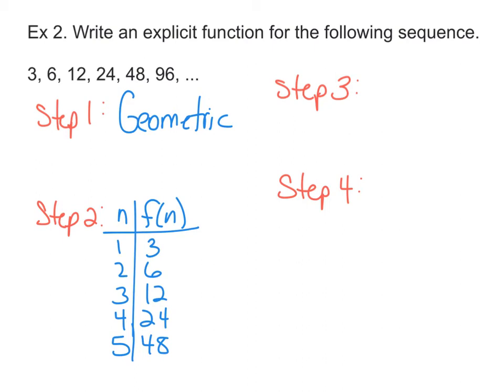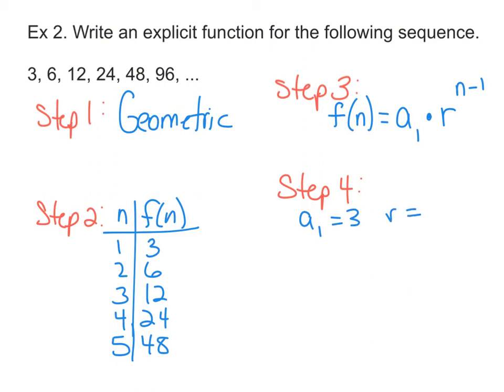Step 3, choose the appropriate formula, which since we have geometric, we go with the geometric, which is a sub 1 times r to the n minus 1. Step 4, really, it's identify the a sub 1 and r. a sub 1 equals 3.